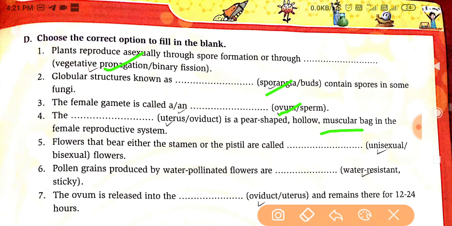Okay, it is the right answer. The flowers bearing either the stamen or the pistil are called unisexual flowers. Pollen grains produced by water pollinated flowers are water resistant. The ovum is released into the oviduct and remains for 12 to 24 hours.